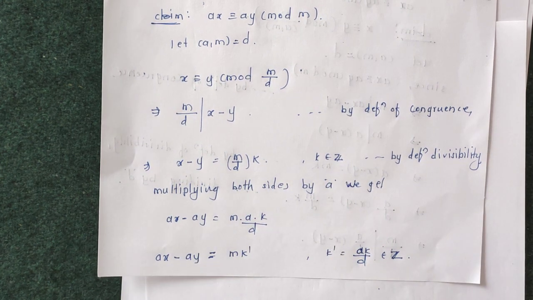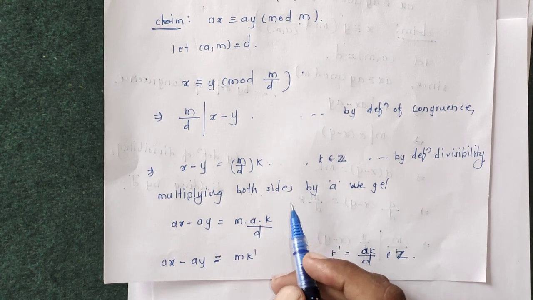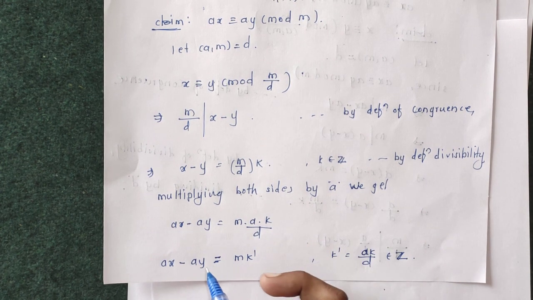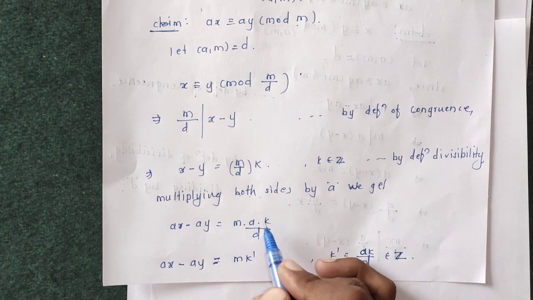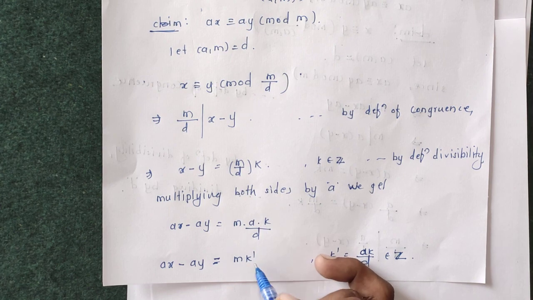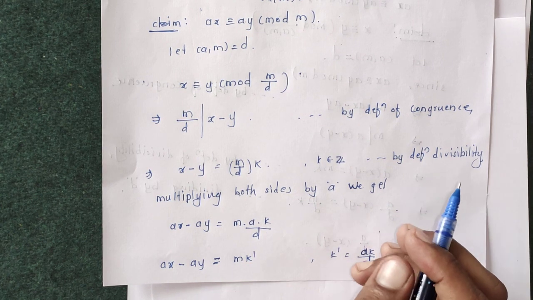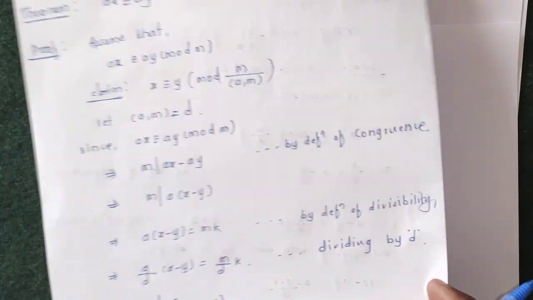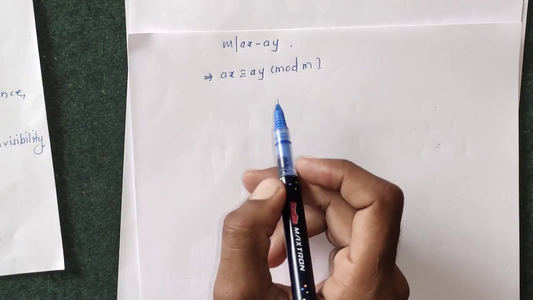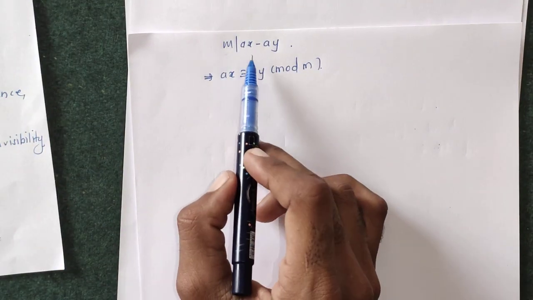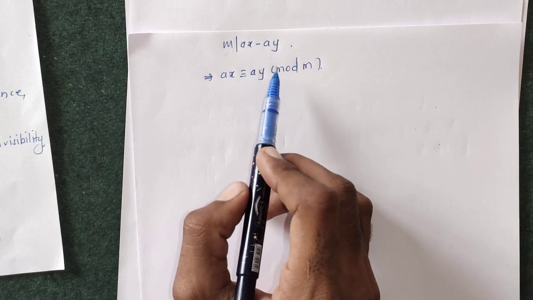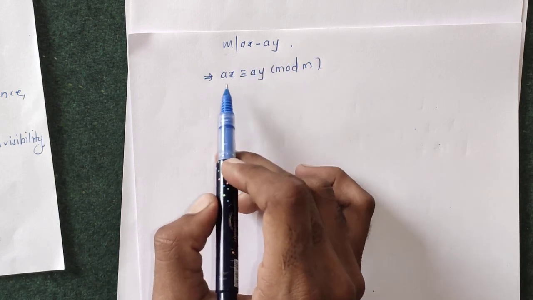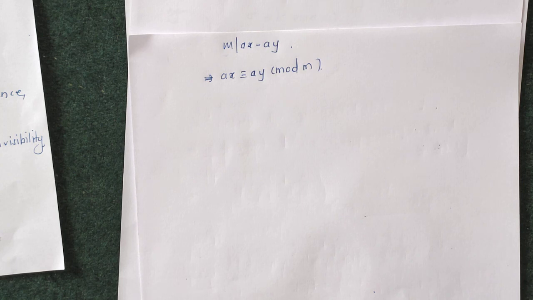Multiplying both sides we get ax minus ay is equal to m times ak by d, and taking this integer as k prime, we can write ax minus ay is equal to m k prime, and hence we can write m divides ax minus ay. So by using definition of congruence we can write ax is congruent to ay modulo m. Hence the proof of this theorem.